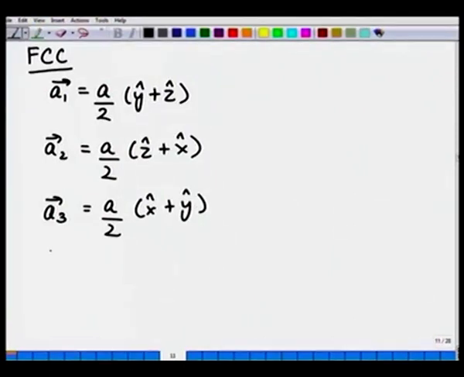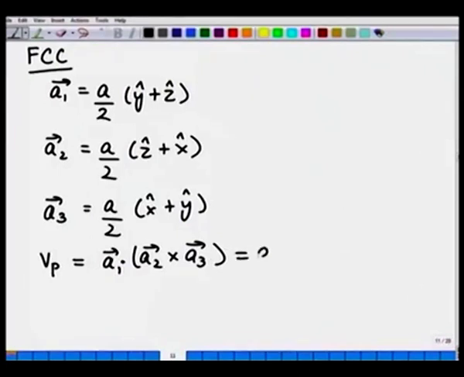So what was the volume of this primitive cell? These are the primitive vectors. The volume of the primitive cell is A1 dot A2 cross A3, that is what you need to calculate, and that quantity will be equal to, go ahead and check this, a cube by 4, which I can write without really calculating it.